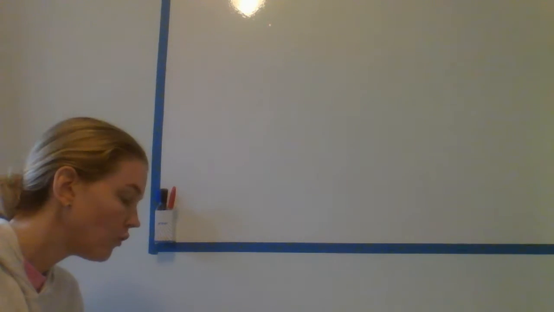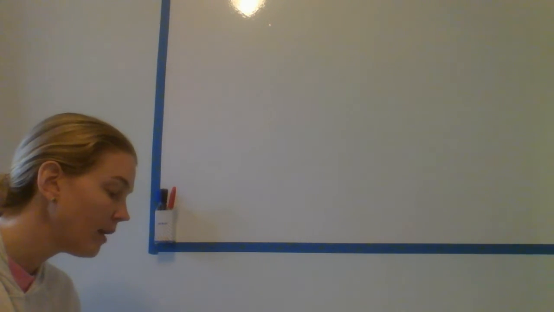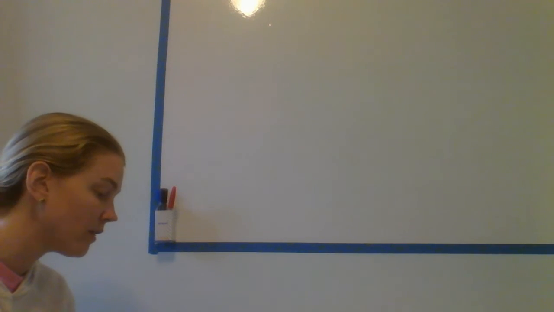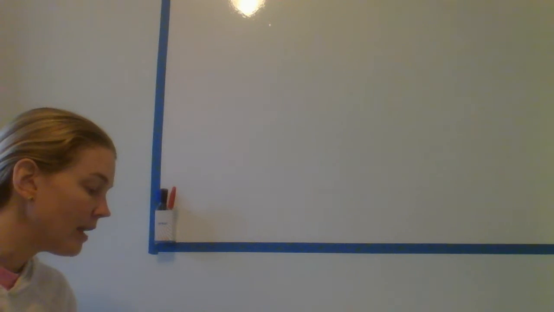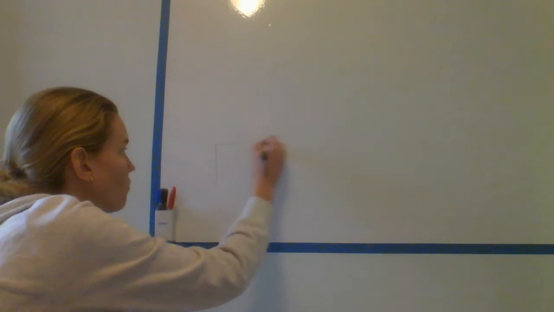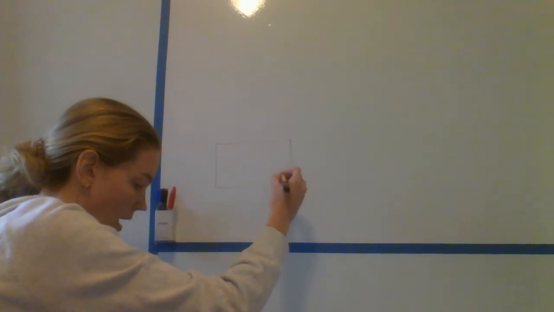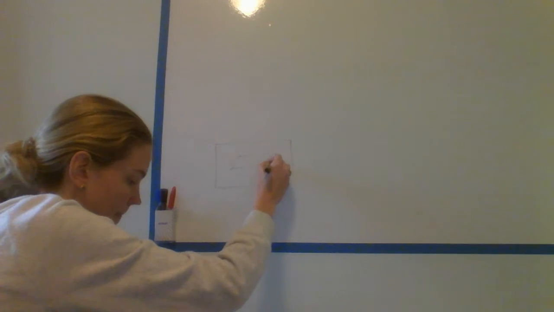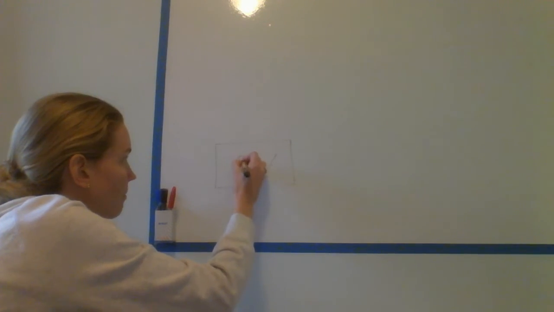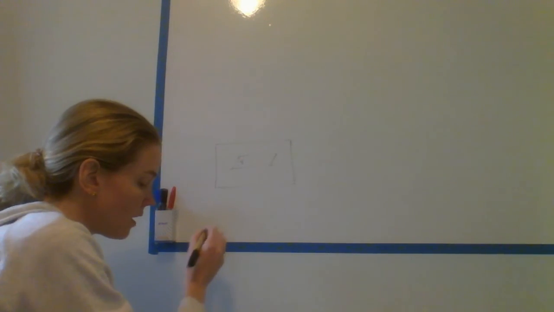For numbers 22 and 23, these are very interesting questions. I like these though. You'll notice that there's a rectangle for number 22, and then inside the rectangle we have a parallelogram. Let's see if I can draw this. We have a rectangle here, and then we have a little parallelogram in the middle. The height of the parallelogram is 4 feet.